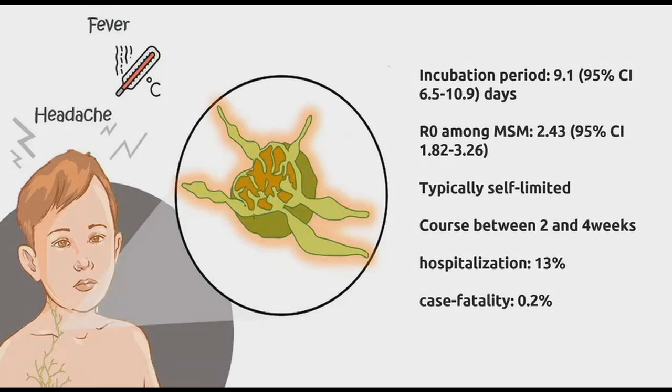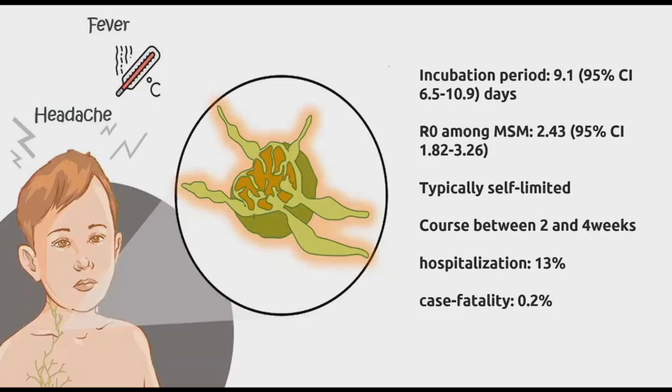So let's briefly summarize some basic facts about monkeypox. The incubation period is around 9 days. The R0 among men who have sex with men is 2.43. R0 means how many people one infected person can transmit the virus to.